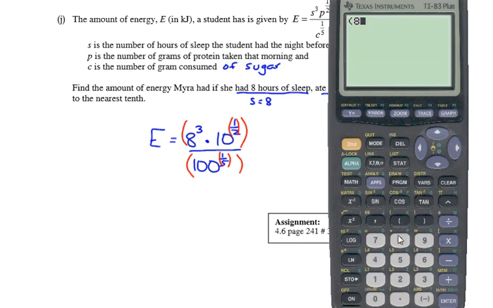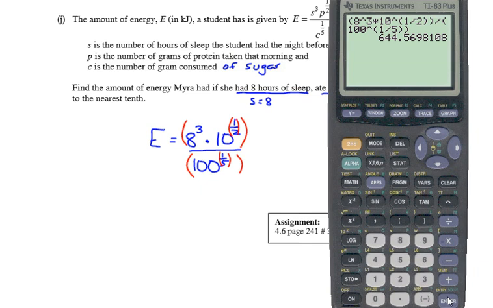So bracket 8 cubed times 10 to the power of bracket 1/2. Close the bracket for the 1/2 and then close the numerator. Divided by bracket for the denominator, 100 to the power of bracket 1/5. Close the bracket.